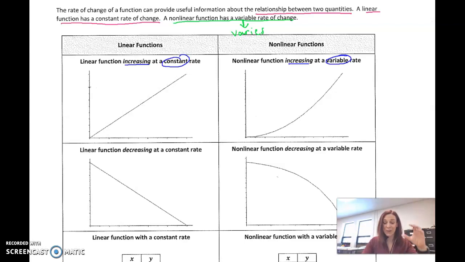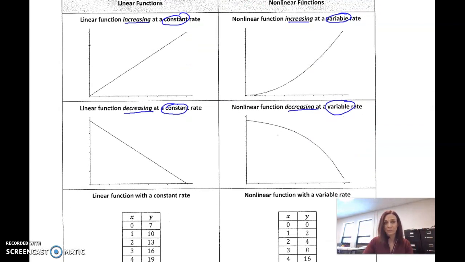So that means that rate of change is going to be changing. It's not going to be the same every time. It varies. So in the next one, if we have a linear function that's decreasing at a constant rate, it's a straight line going down. It's dropping at the same rate. But a nonlinear function decreasing at a variable rate, it's still going to go down as time goes by, but not by the same amount every single time interval.